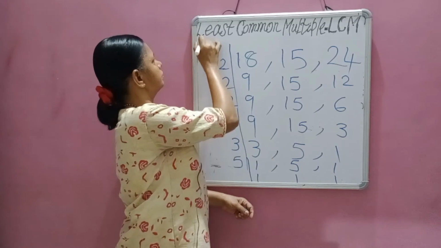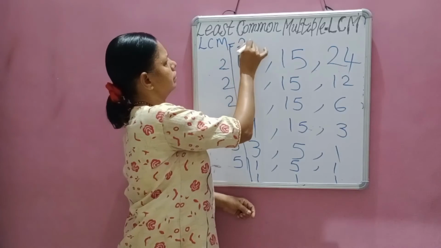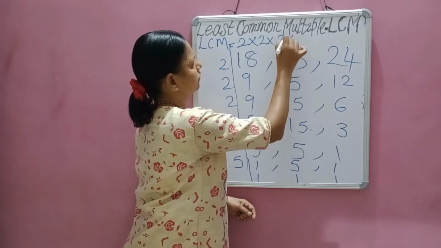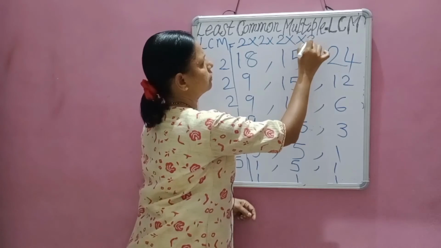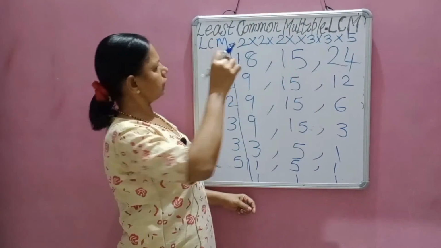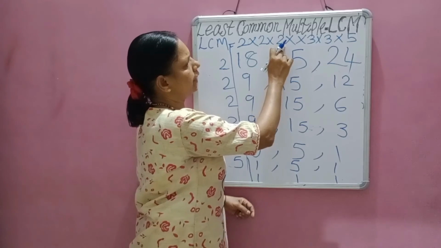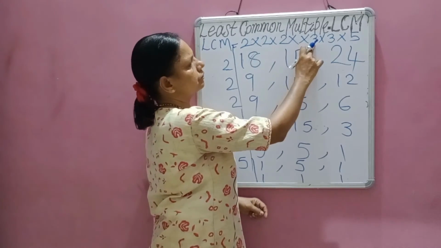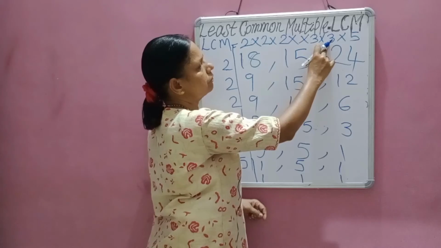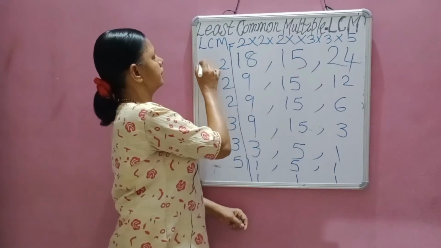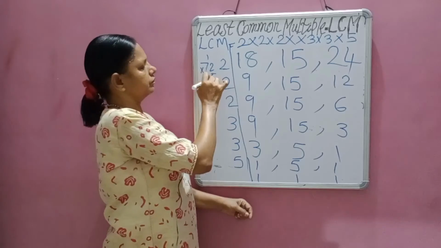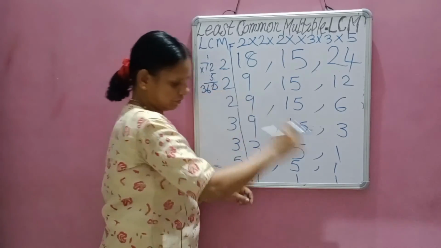So what will be the LCM? 2 into 2 into 2 into 3 into 3 into 5. 2 twos are 4, 4 twos are 8. 8 threes are 24. 24 into 3 is 72. 72 into 5 is 360.